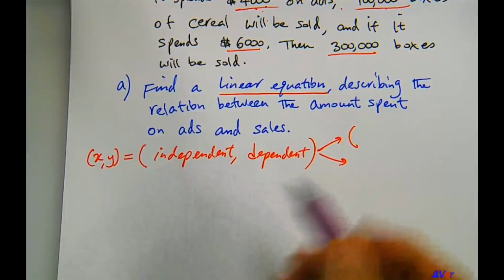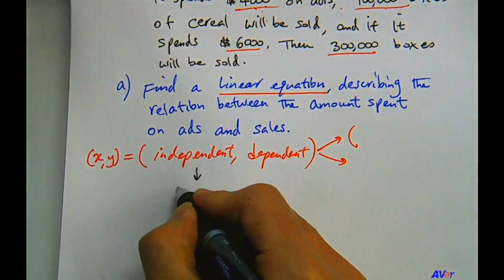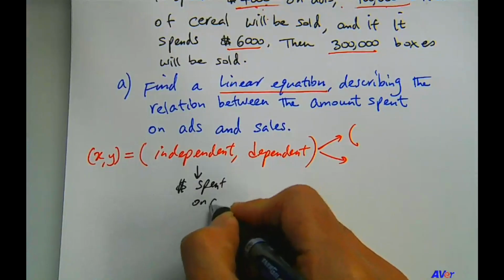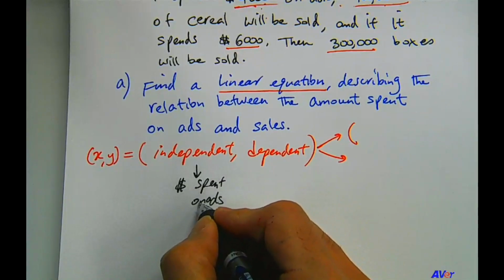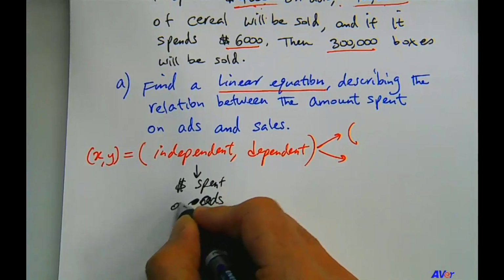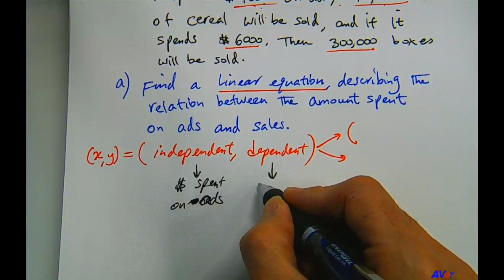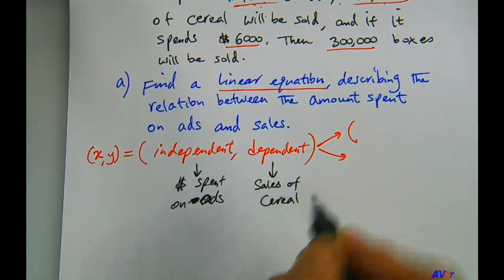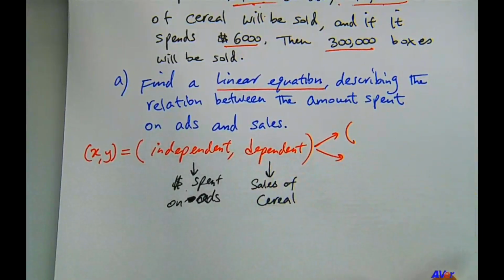And in our case, this would be dollars spent on ads, and this would be sales of the cereal, right? Sales of cereal depends on the ads.